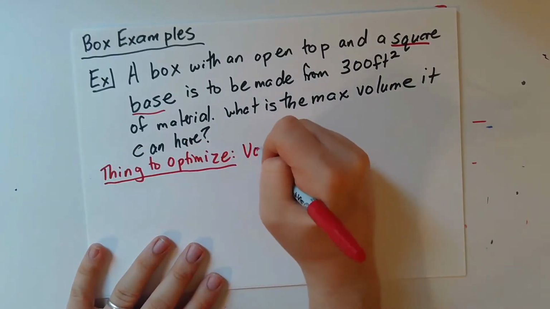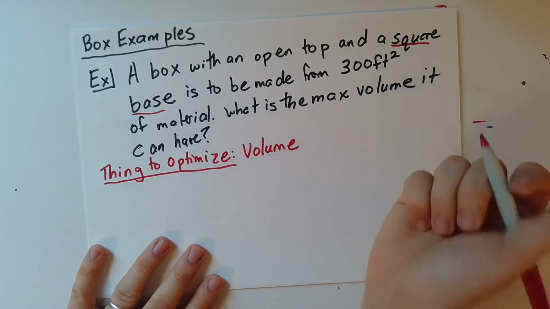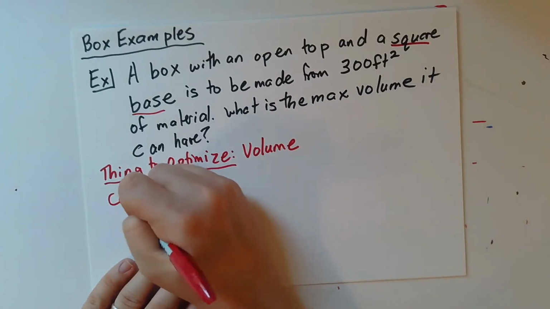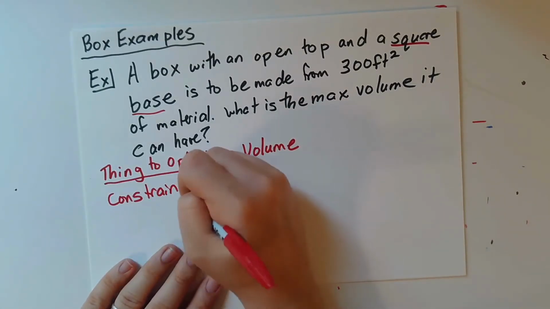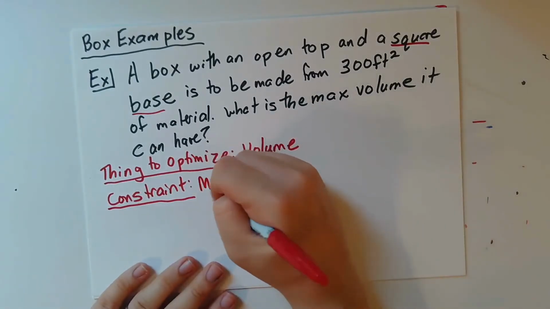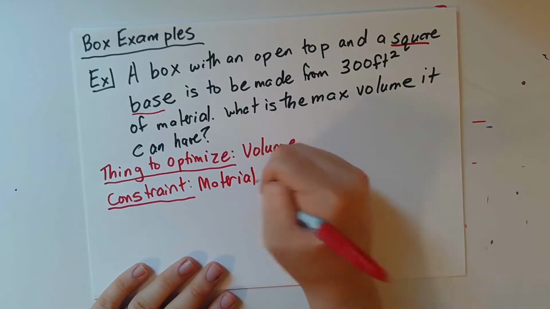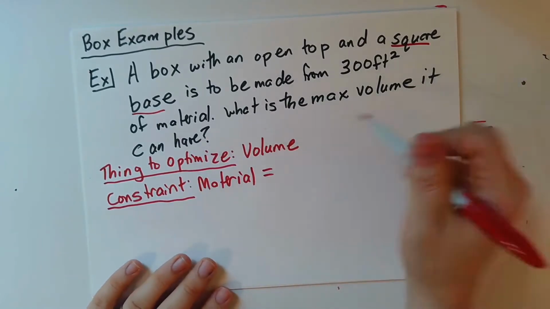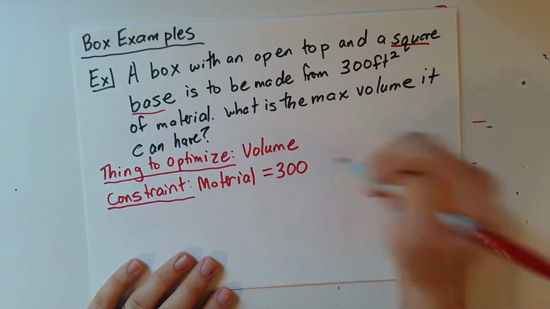That's the volume. And then we have a constraint, which is that the material is at most 300.